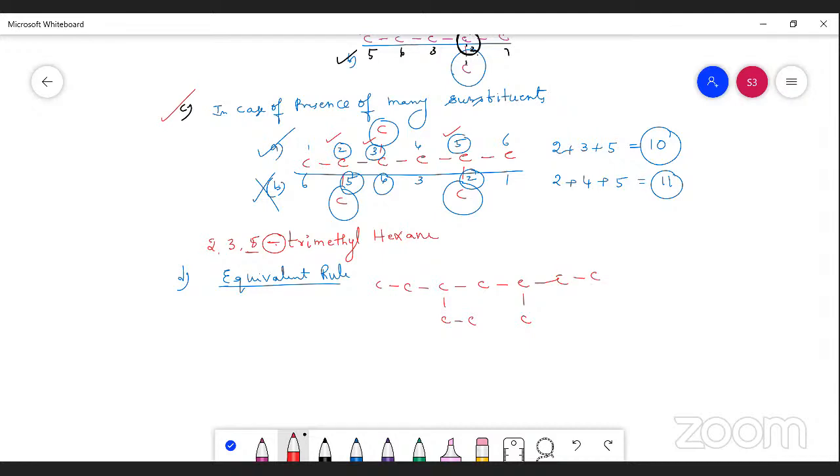Okay, so this is the example I have taken. So what is the parent chain here? This is the parent chain, and here 2 substituents are there.